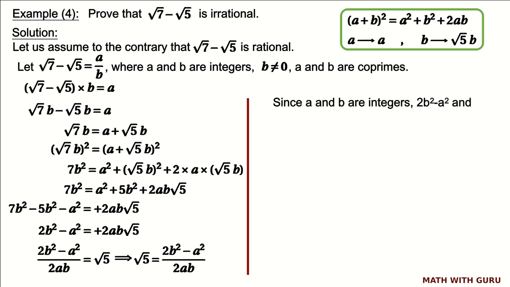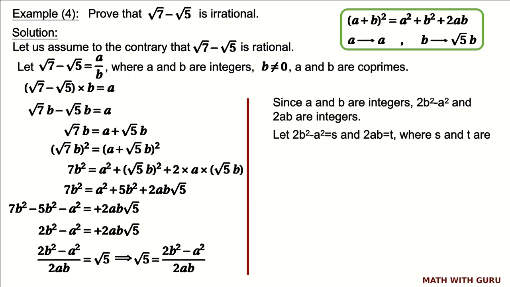Since a and b are integers, 2b squared minus a squared and 2ab are integers. Let 2b squared minus a squared equals s and 2ab equals t, where s and t are some integers. So root 5 equals s over t.